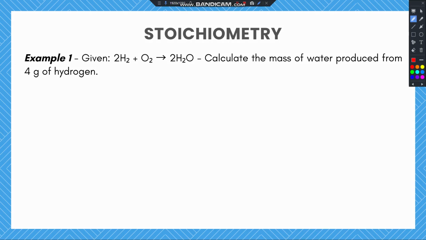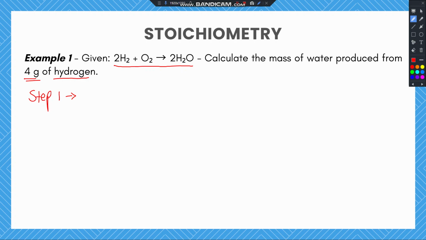So we have this question on the screen right now. The question says calculate the mass of water produced from 4 grams of hydrogen. Step number one, convert the mass into number of moles. How do we do that?